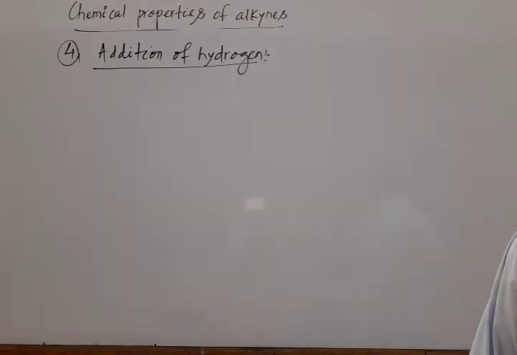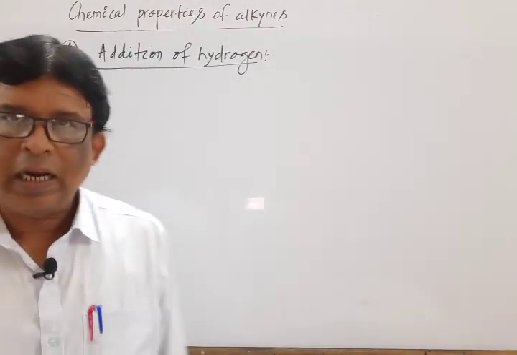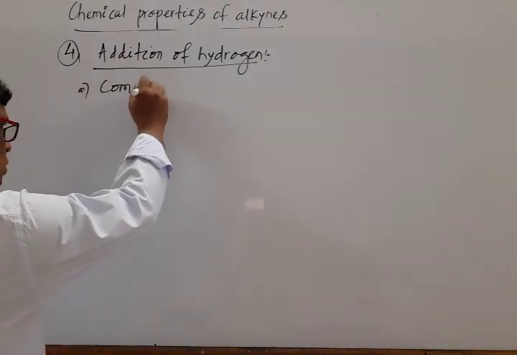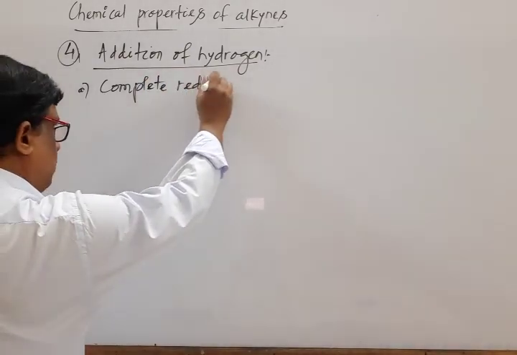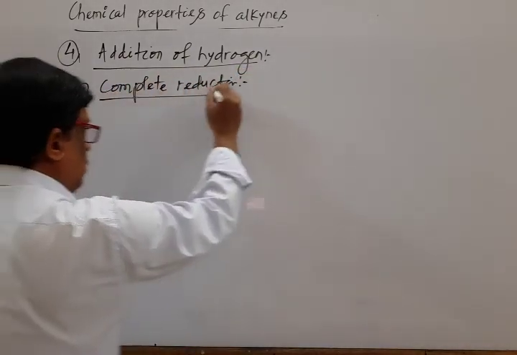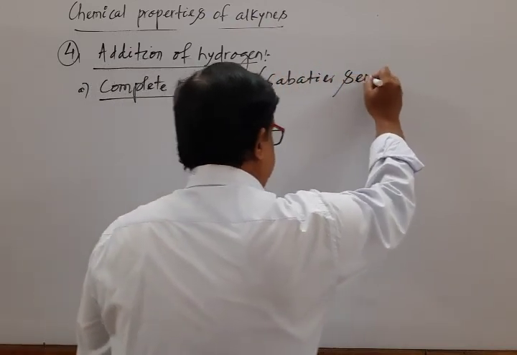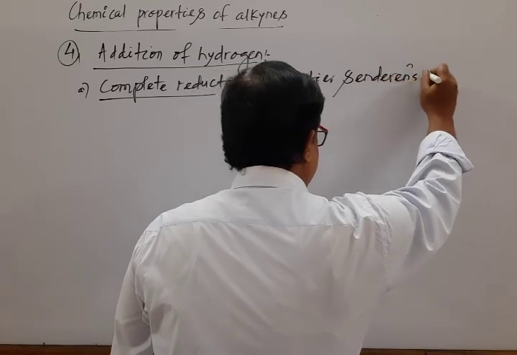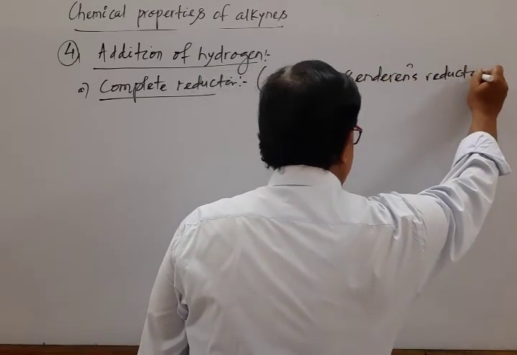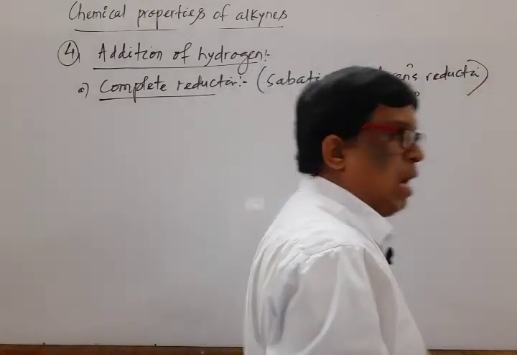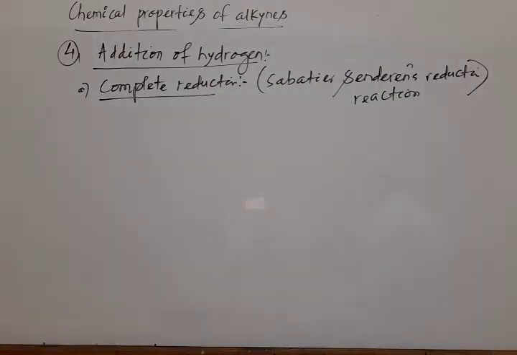First one is reduction of alkene and alkyne, that is known as catalytic reduction. Okay, first we discuss catalytic reduction, or otherwise complete reduction, or within bracket Sabatier-Senderens reduction reaction.